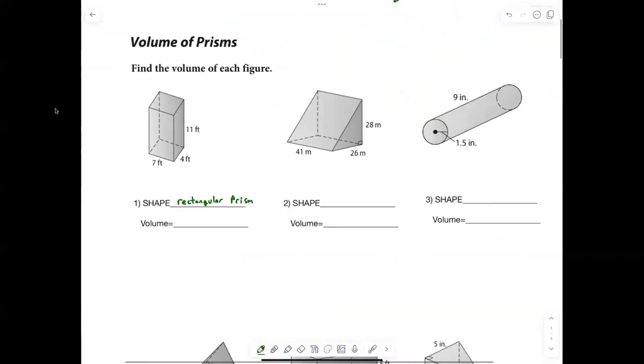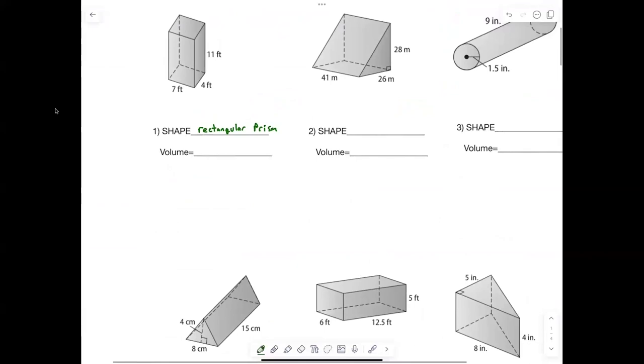Now, what I would like you to do is tell me the volume formula. Because the base is a rectangle, how do I find the area of a rectangle? Multiply.